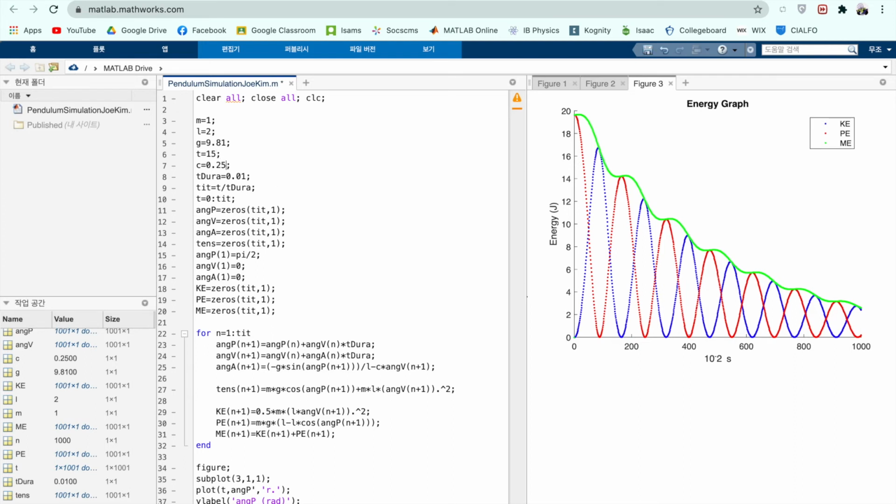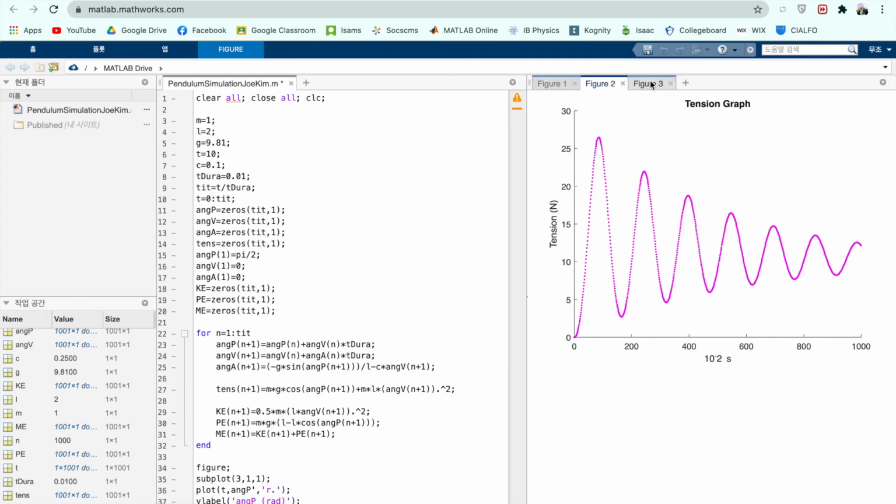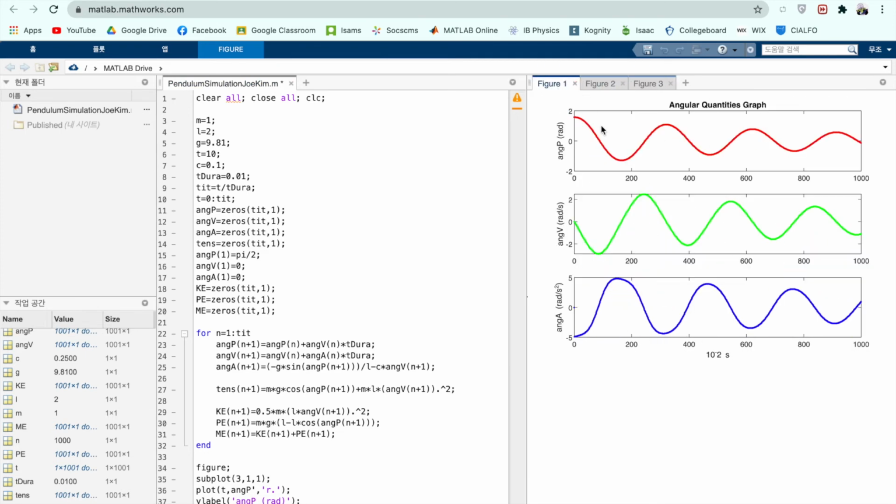Now let's just leave that as 10 seconds. And when I decrease the retarding coefficient from 0.25 to 0.1, you're going to see a difference. And all the three graphs would now be different.